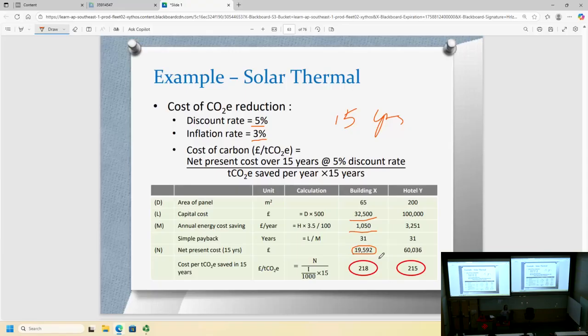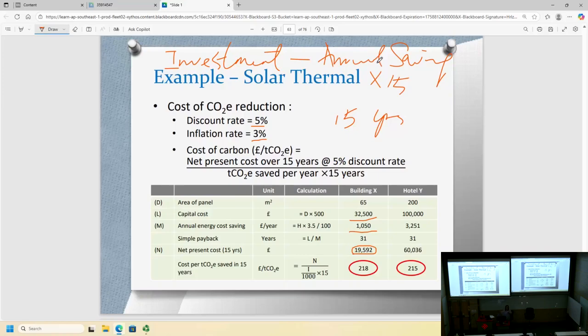So it is something like the initial investment for installing the solar thermal collector minus the annual saving multiplied by 15 years. For installing the solar panel, we need to pay a certain amount of money, but then every year we have a certain amount of saving, right?